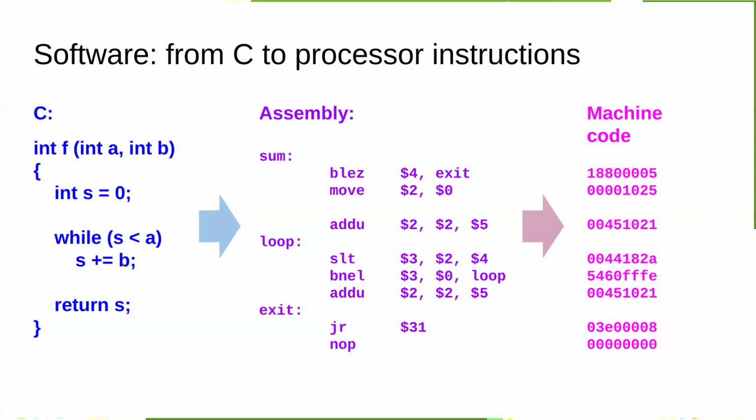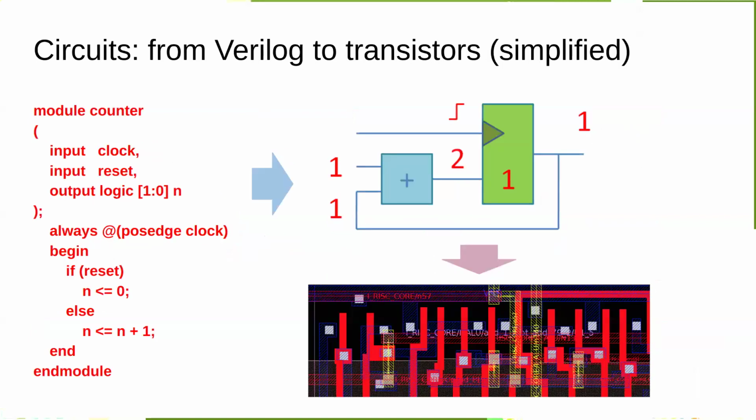This is what you do in software. But in hardware, you translate this code first into a graph of logic elements, and then you do place and route, and this code eventually becomes transistors and connections between transistors.